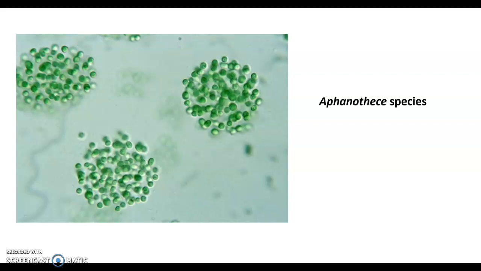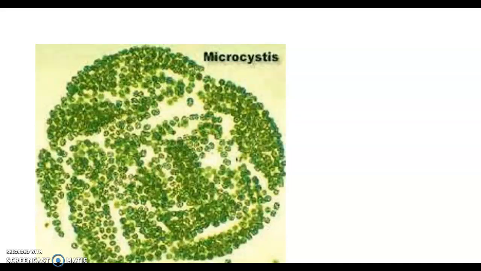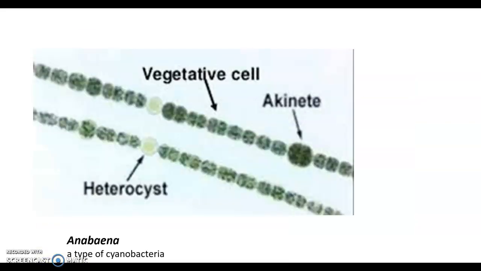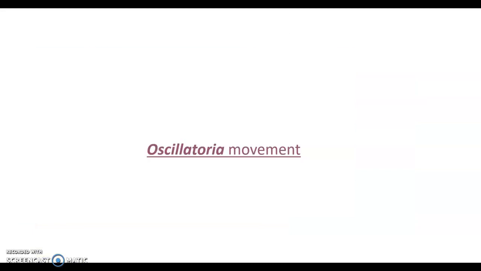Then you have some of the cyanobacteria that grow in clusters. That would be the Aphanothece species and the Microcystis species. The Nostoc, as you can tell over here, is filamentous. And then also the Anabaena and the Oscillatoria are filamentous because they grow in long filaments.